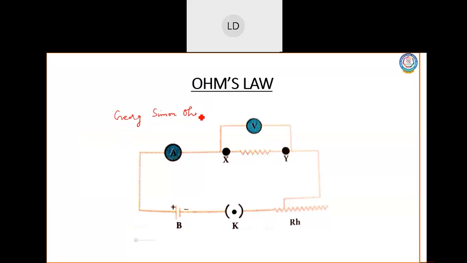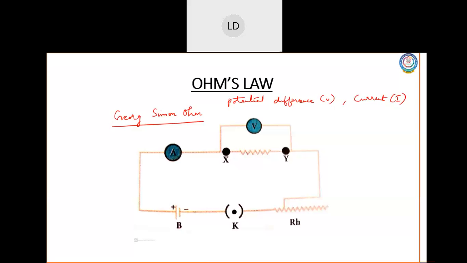He established a relation between potential difference and current. We all know potential difference is represented as V. So his law is named Ohm's law.